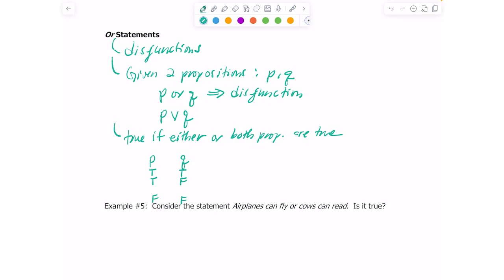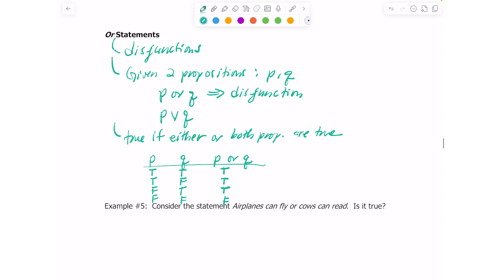So if I want to find the truth value of a statement with the word or, I know that as long as one or both of the propositions are true, the overall truth value is true. So P and Q are both true there, P is true there, Q is true there, and since P and Q are both false there, the overall statement is false. Because for an or to occur, one of the propositions or both has to be true, because it means one or the other or both.